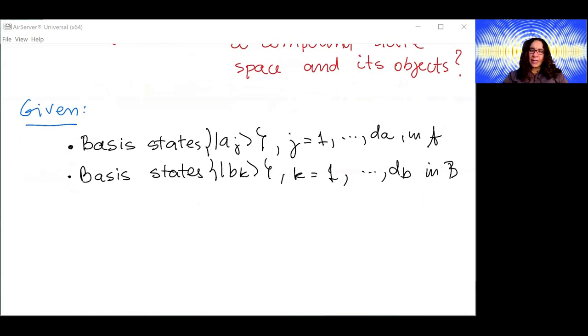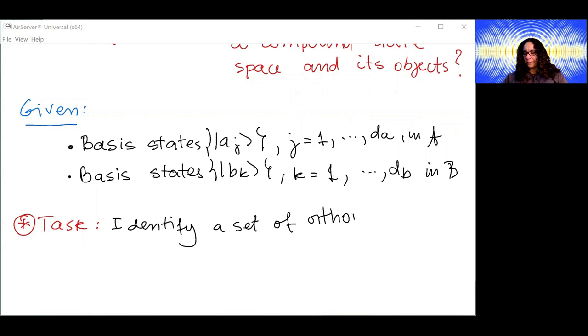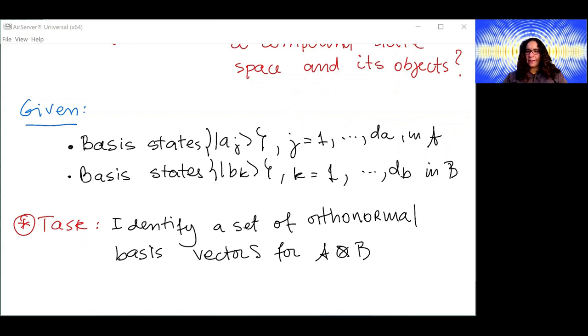And what we would like to do, our task, is to identify a set of orthonormal basis vectors for the compound space A tensor product B. Note that so far we have assumed that these are orthonormal.